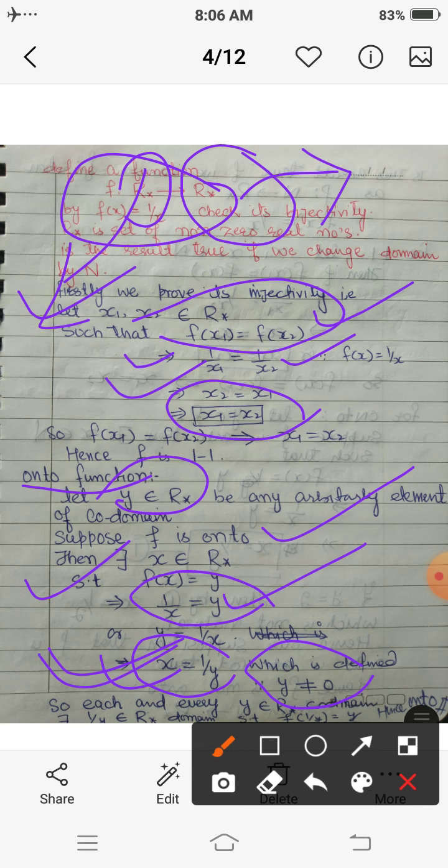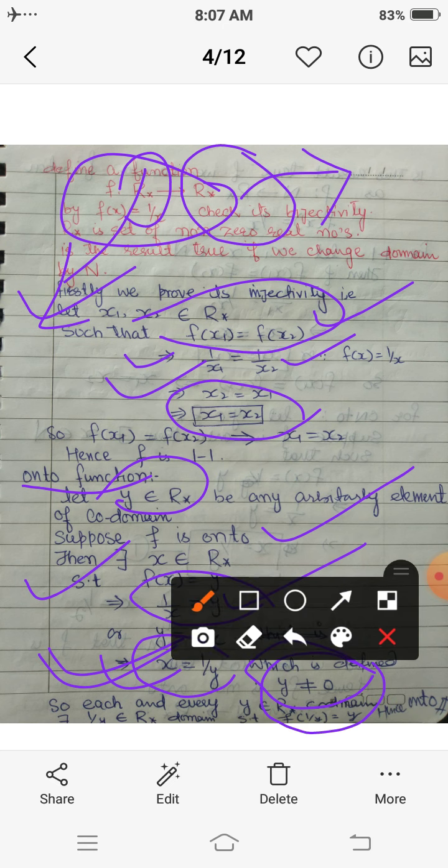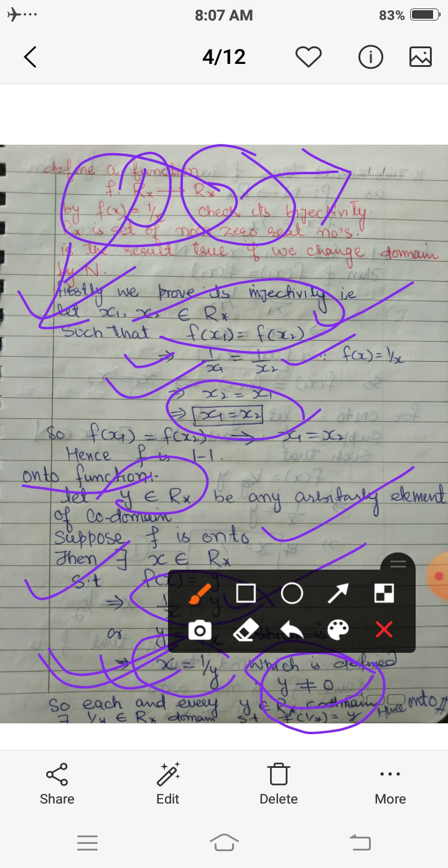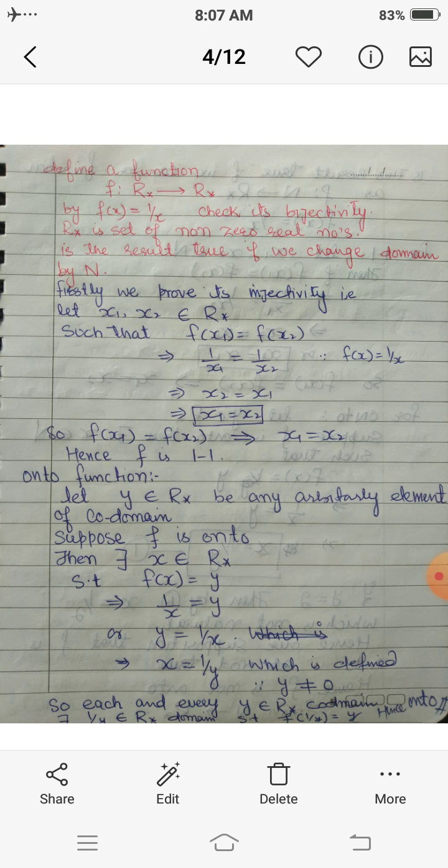Now when x is real, it is non-zero real and defined, which implies that there exists x of the form 1 by y, because x equals 1 by y, such that f of 1 by y equals y. So this is onto function. Hence this is bijective function, because bijective means 1-1 onto function.